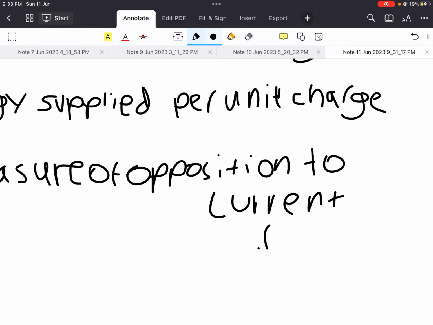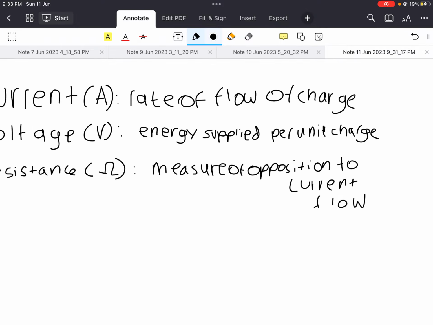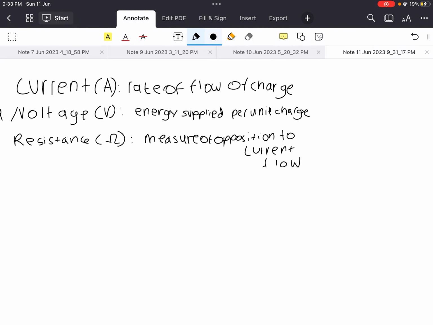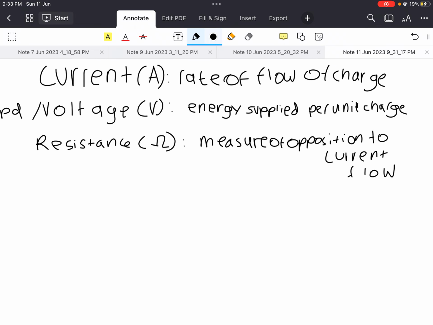Let's just write that. And it's basically what impedes the flow of current, and we can also define it using the equation, which we are gonna explore right now, right?